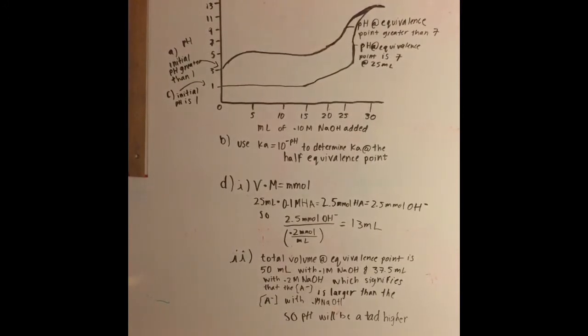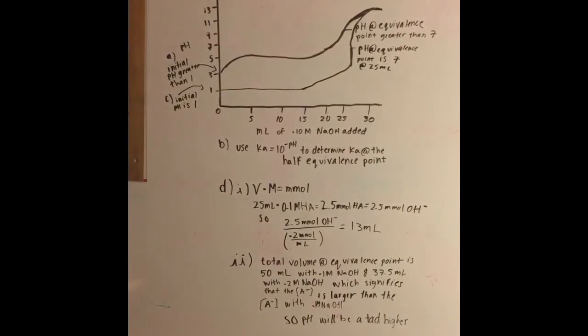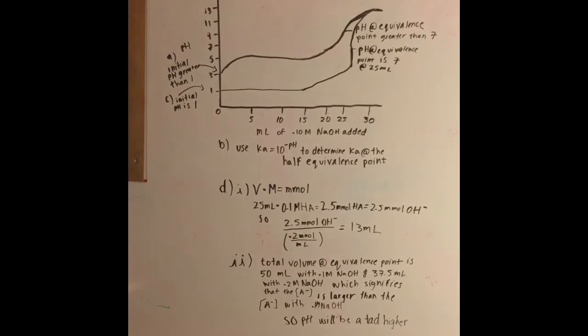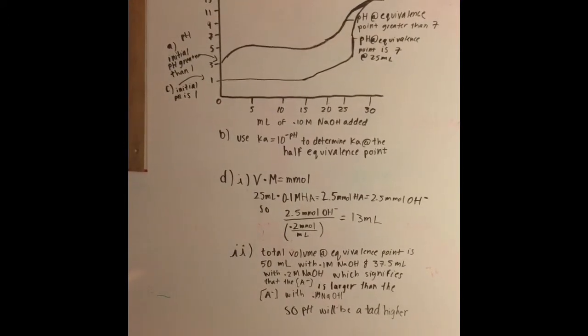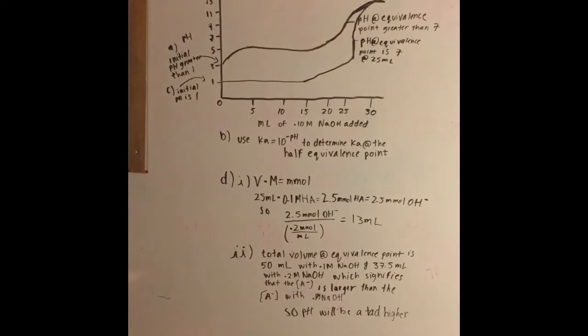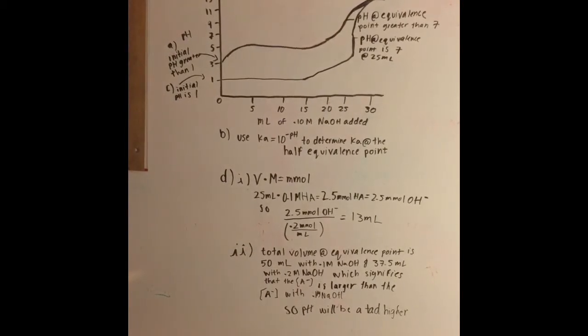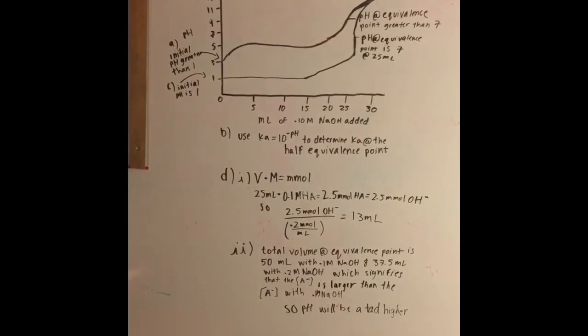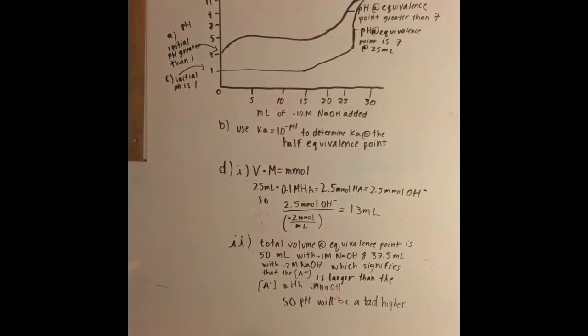And with the higher concentration of 0.2 molarity NaOH, the equivalence point volume is going to be 37.5 milliliters. So this signifies that the A minus, which is the conjugate base of HA, is going to have a larger molar concentration than the A minus with the 0.1 molarity NaOH. So this means that the pH will just be a tad higher.